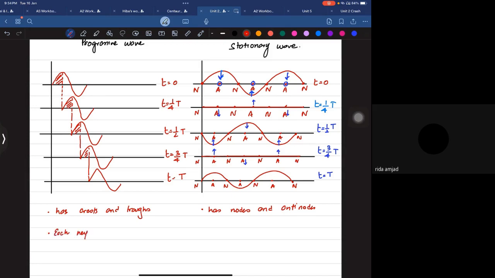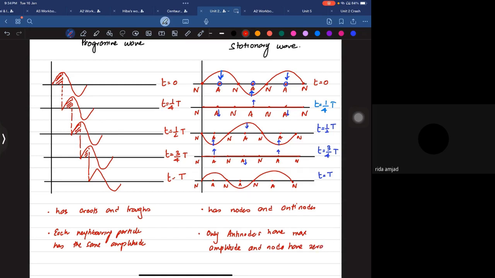Each neighboring particle has the same amplitude, because, as you can see, the particles go up and down. All of them can go up and down. Only antinodes have max amplitude and nodes have zero amplitude.